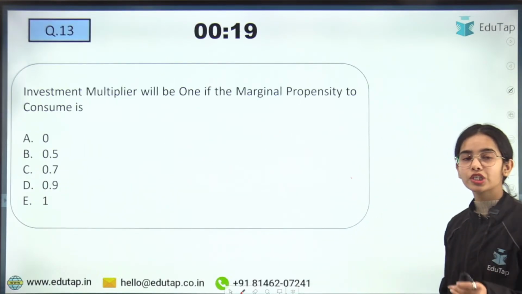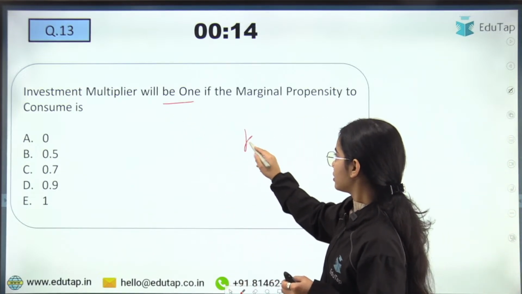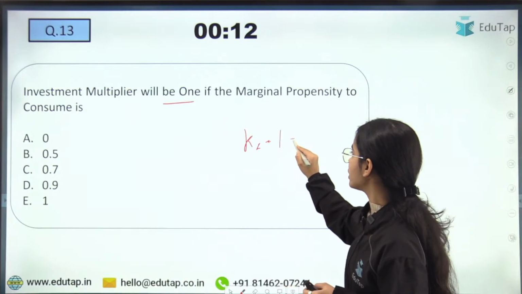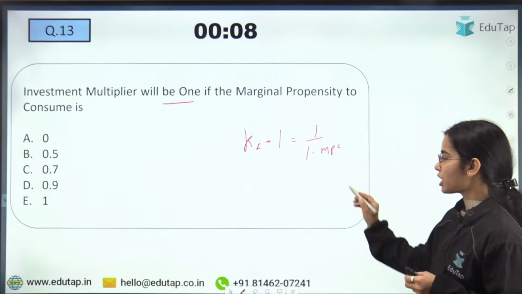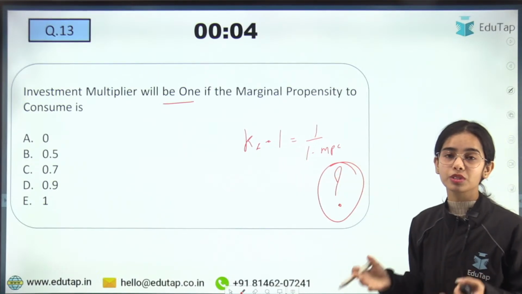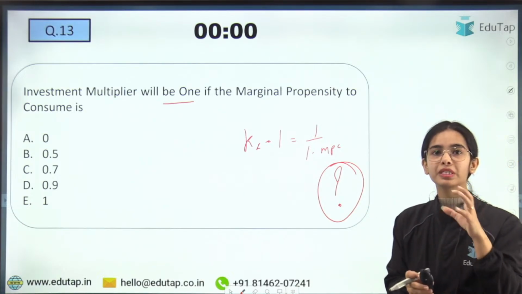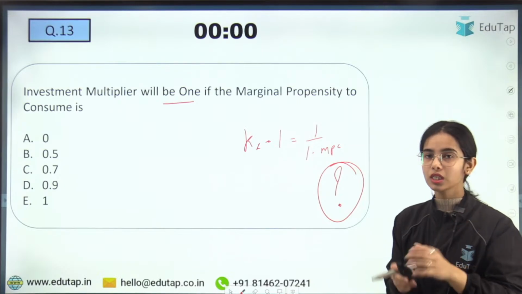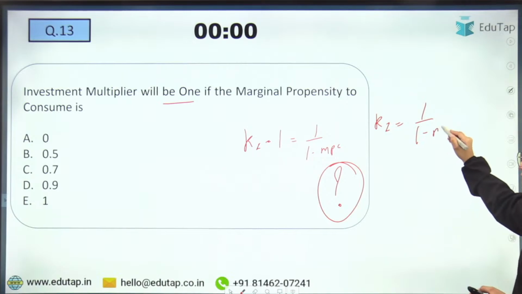Now coming to the next question: the investment multiplier will be 1 if the marginal propensity to consume is what? The investment multiplier is calculated by 1 upon 1 minus MPC.